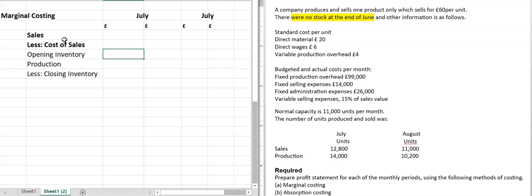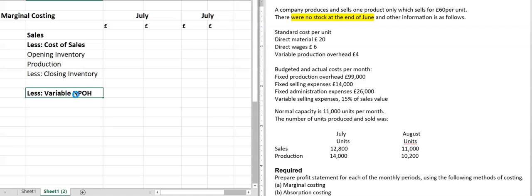Then after calculating this, what you have to do, you have to get this part, which is less variable non-production cost, variable non-production overhead.